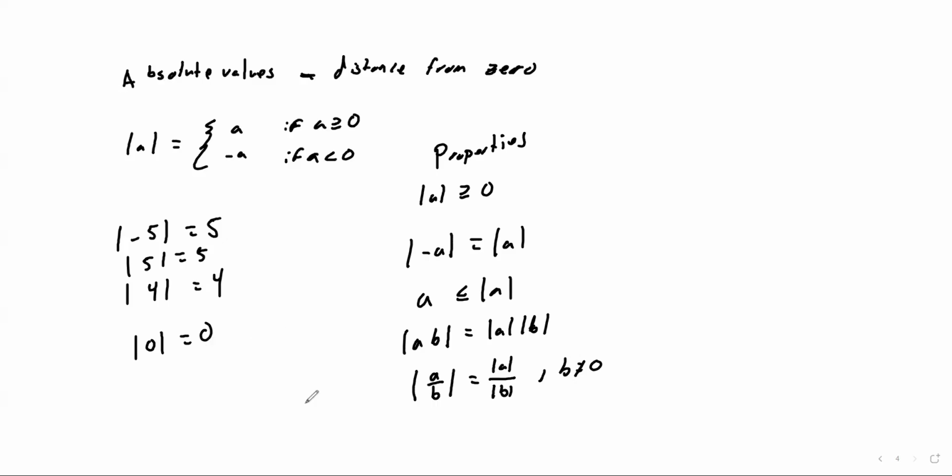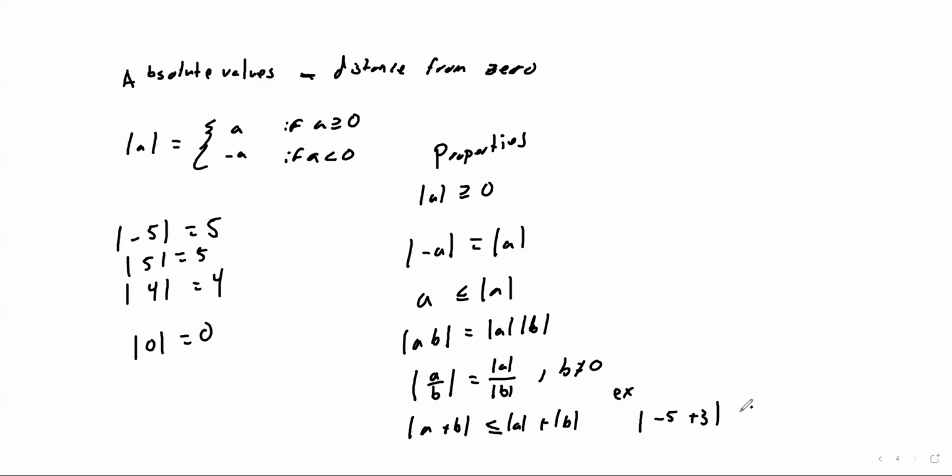Now, the triangle inequality is something we may or may not talk about, but it's definitely on the advanced side. If I have the absolute value of A plus B, this has to be less than or equal to the absolute value of A plus the absolute value of B. Let's say A is -5 and B is 3.